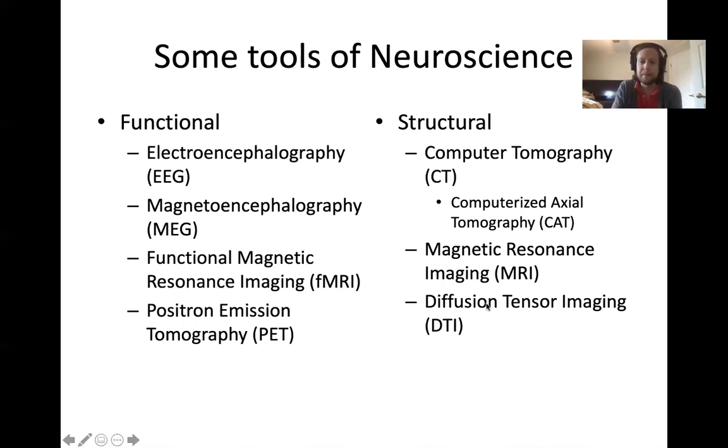Contrasting that with structural methods, which are basically anatomical methods. We just learn about the anatomy of a given individual's brain. For instance, CT or CAT scans are basically just like three-dimensional X-rays. In this chapter, mostly we're going to learn about functional methods.